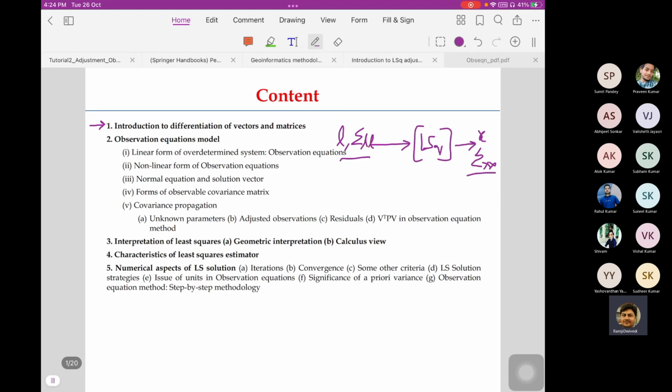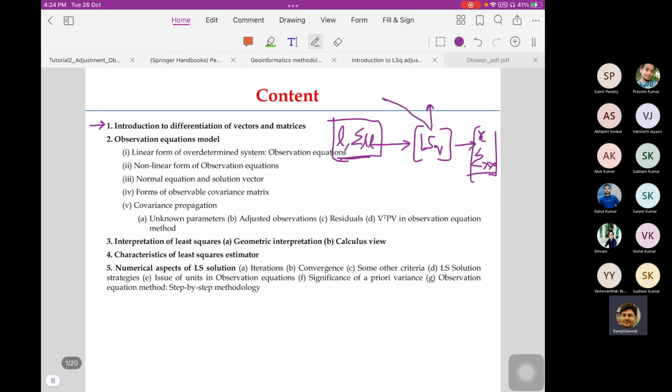We are talking about this, isn't it? But how can we form these least square adjustment models?